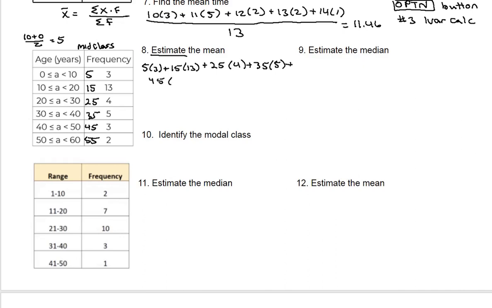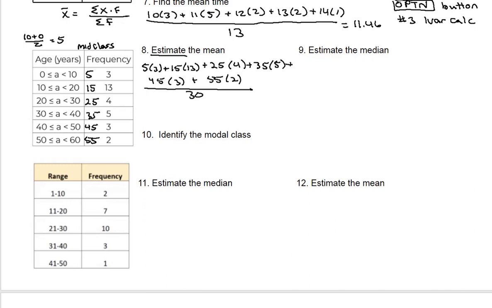Why don't you go ahead and pause this, try doing it on your own, and then compare your answer. All right, so hopefully you did that. We're going to take all of these and divide them by 30.